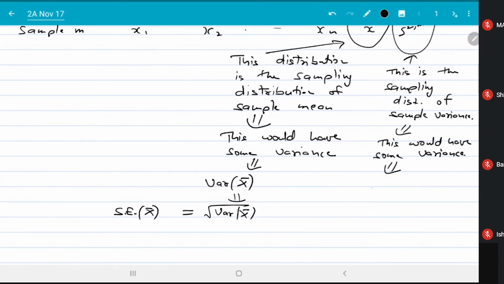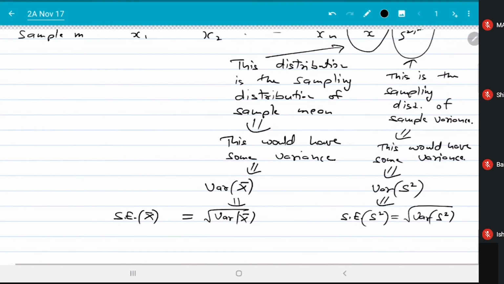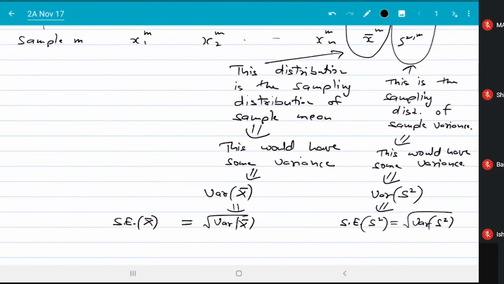Let's denote this by variance of s square, and the square root of variance of s square would be called the standard error of s square, which would measure how reliable s square is as an estimator of the population variance.